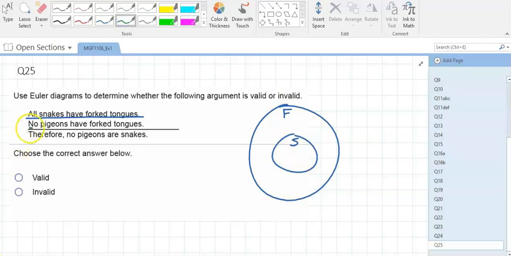Now, we're going to take this sentence and integrate it with the other picture. So this one says, no pigeons have forked tongues. No means that the circles are separated. So what two circles have to be separated? They cannot touch whatsoever.